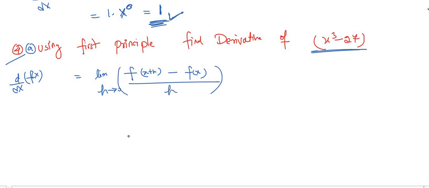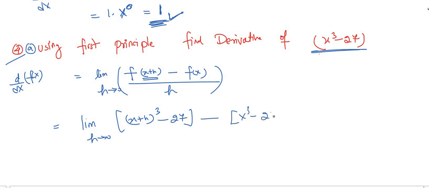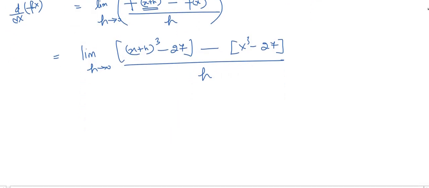This is the first principle. So to solve it, I will do limit h tending to 0, f of x plus h, right? The function at x plus h. So it will be (x plus h) cube minus 27 minus f of x, which is x cube minus 27, by h. Correct?